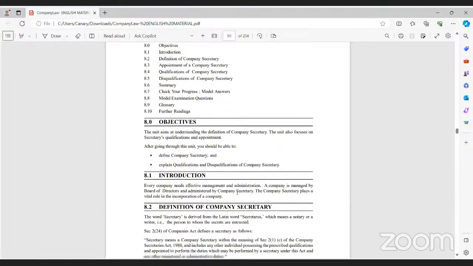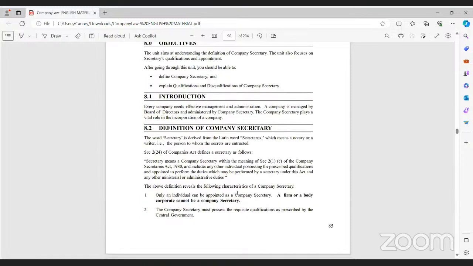A very small topic. Company secretary means the one who executes. The board of directors makes the policies and decisions for the future of the firm, whereas the execution of those policies and decisions is taken care of by the company secretary.